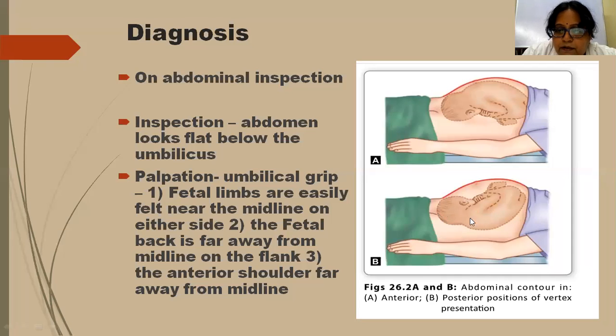See, this is the posterior position of the vertex. This is the anterior position below the umbilicus. Since the occiput is anterior, this is not flat, and the back is on the anterior side.